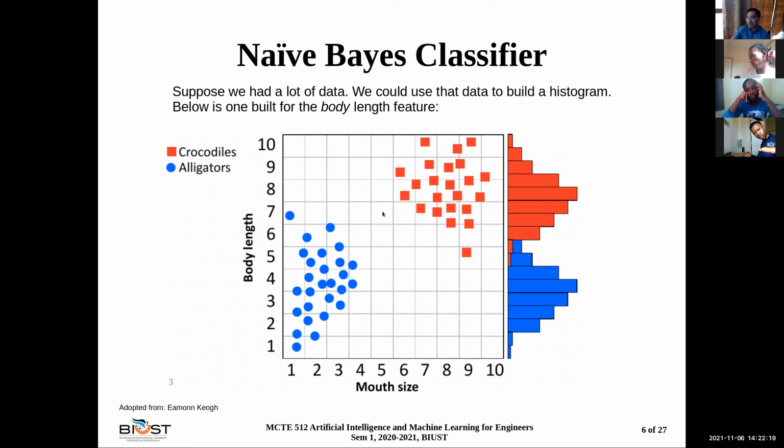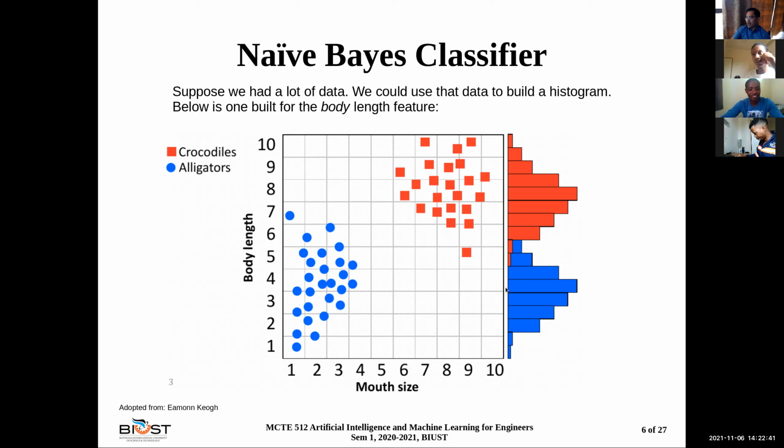Let's say this is 8 feet. At 8 feet you have the average size of the crocodile, which means there are more crocodiles of that particular size. For the alligators, the average size is around 4 feet.